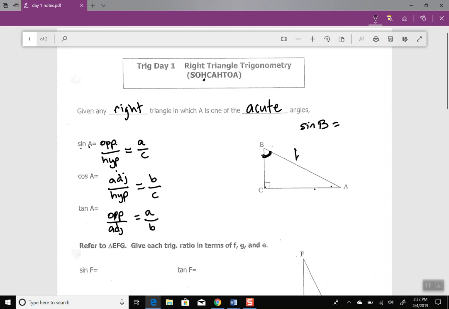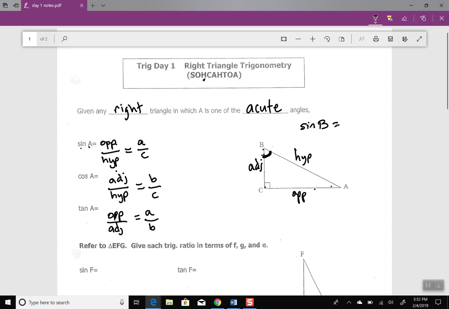It's opposite the 90. Adjacent is a side that touches the angle that isn't the hypotenuse, so it's right next to angle B. That leaves this side now being the opposite side.